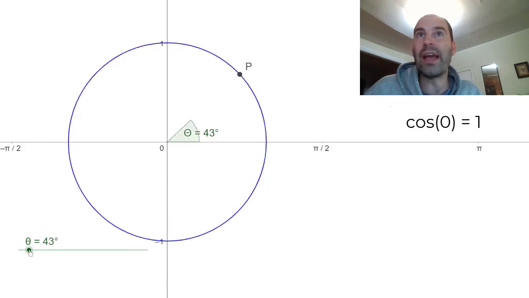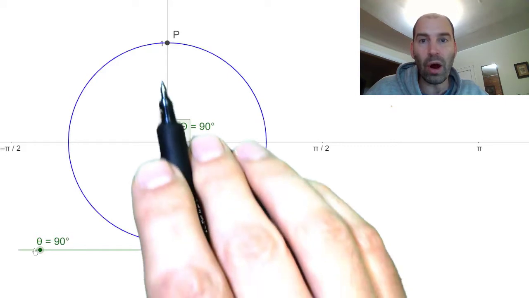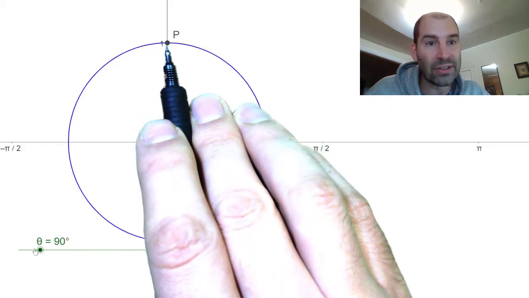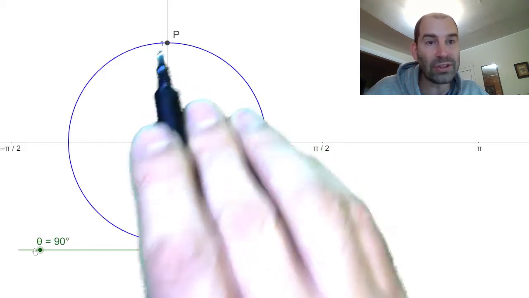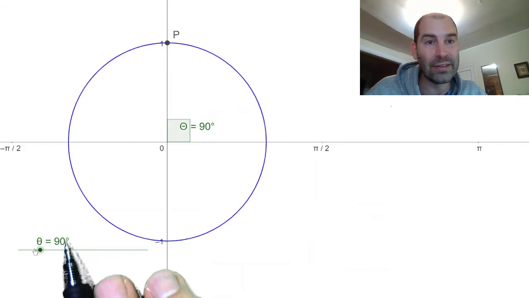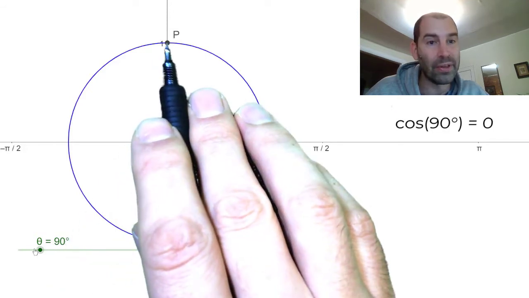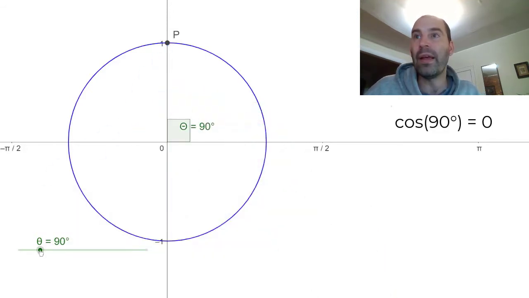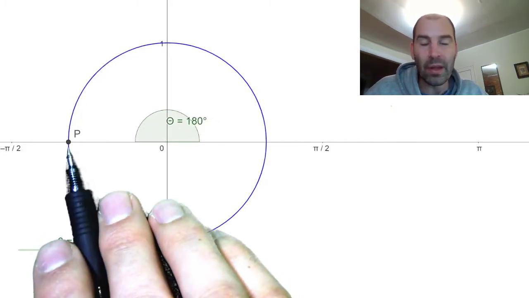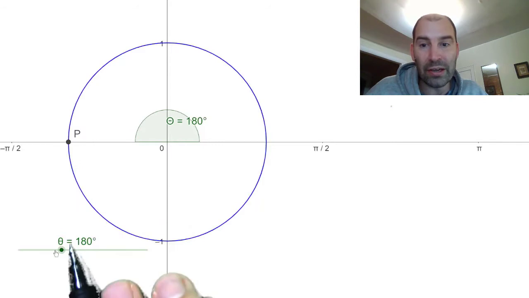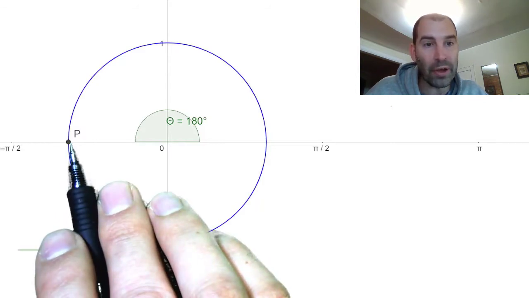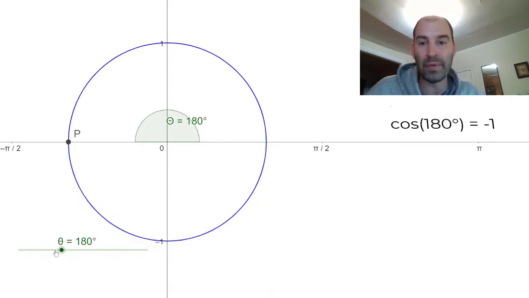As I increase the angle up to about there, 90 degrees, our point's x coordinate is now 0. And so we see that the cosine of 90 degrees is 0, the x coordinate of this point. If I push this point over here to 180 degrees, the cosine of 180 degrees is the x coordinate of this point. Now it's at -1.